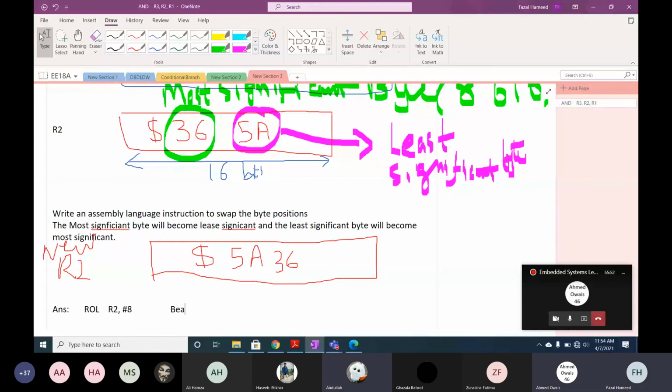Because a byte consists of 8 bits. We are not moving or rotating a single bit. Instead, we are rotating 8 bits. When we say we are rotating 8 bits, this implies that we are rotating 1 byte. Did you understand?